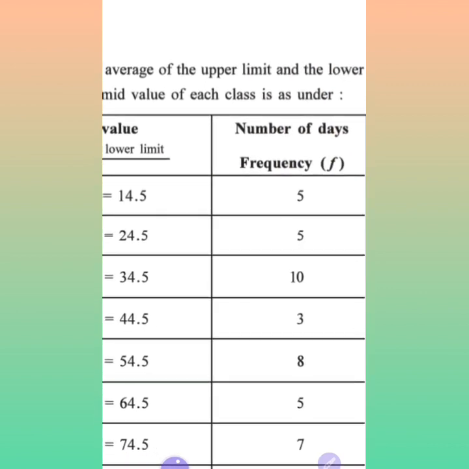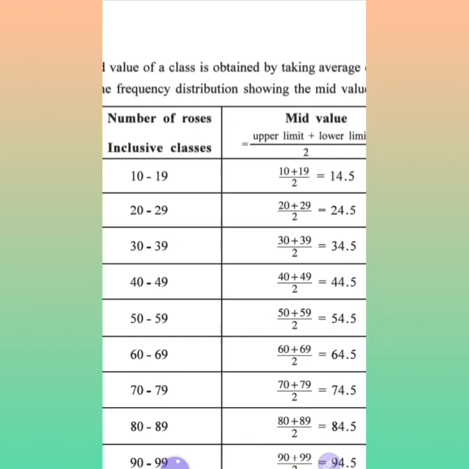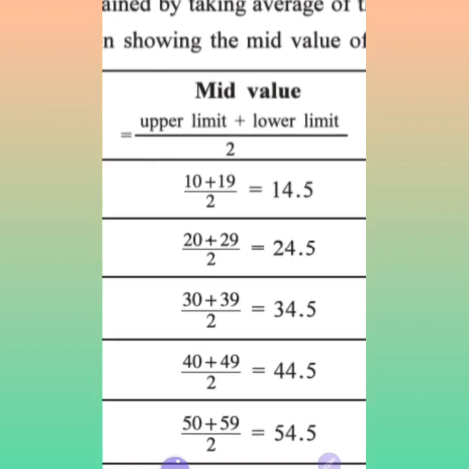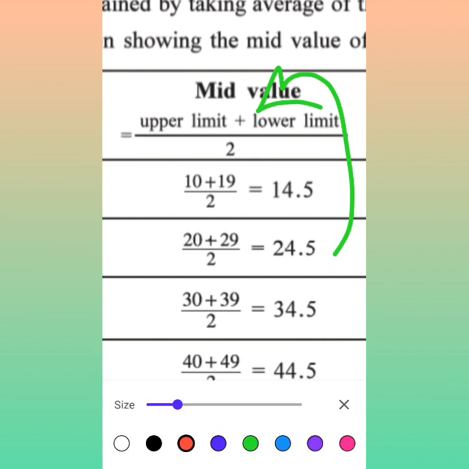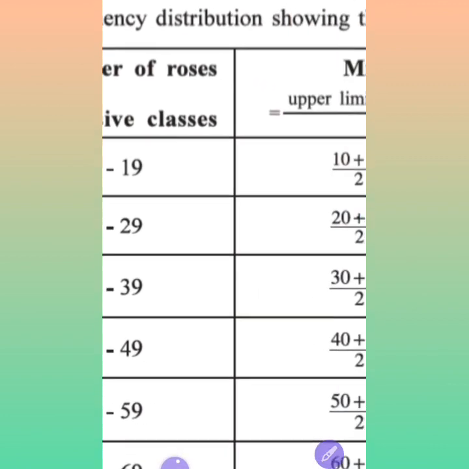Similarly, the next class is 20 to 29. We just added 20 plus 29 divided by 2. Use your calculator, you will get 24.5, and this 24.5 is our mid value. Similarly, the next one is 30 to 39.